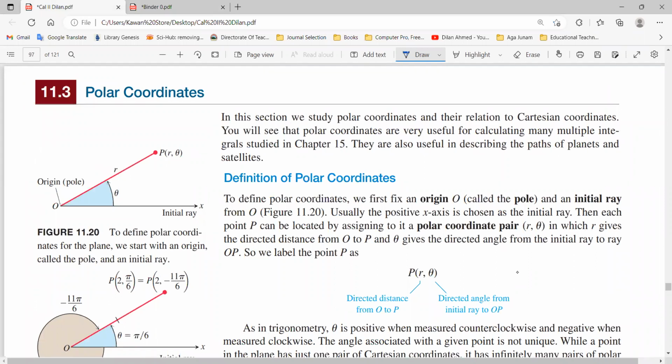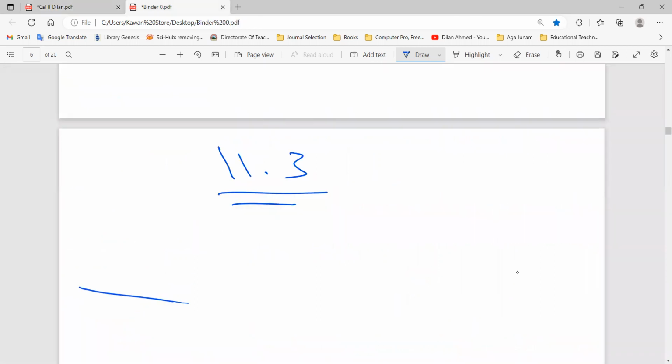The important thing here is how to start, how to sketch the point. How to get a point in polar, that's very important. In Cartesian, before in secondary school, they told you how to find 1 and 2: you say 1 here, 2 there, and this is my point.